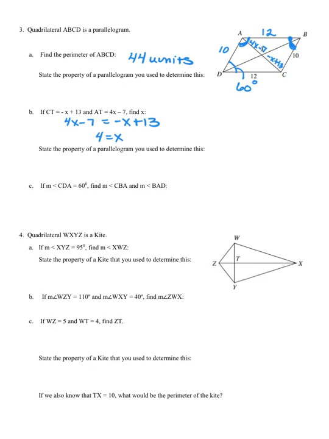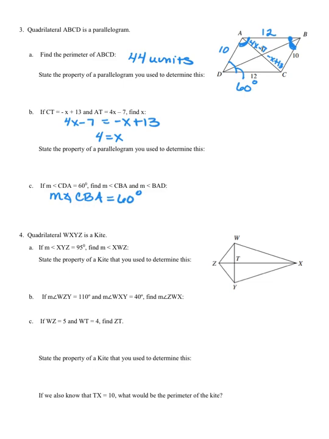In a parallelogram, opposite angles are going to be congruent to each other. This is one of the properties that we learned in this past lesson on Monday. So if the angle at D, angle CDA, is 60 degrees, then its opposite angle, angle CBA, must also be 60 degrees. And we also know that consecutive angles in a parallelogram will be supplementary.